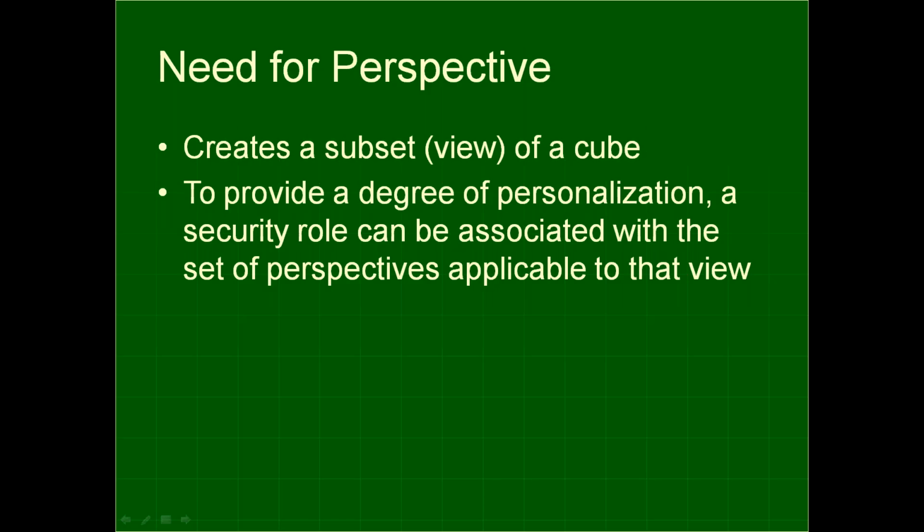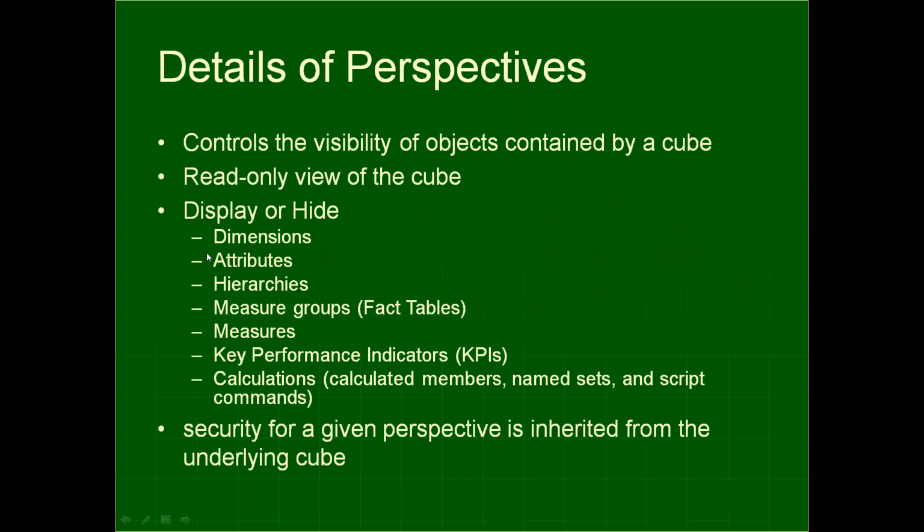What is the meaning? I will explain. For example, it controls the visibility of the objects contained by a cube, a read-only view of the cube, displaying or hiding dimensions, attributes, hierarchies and measures. Security for a given perspective is inherited from the underlying cube.